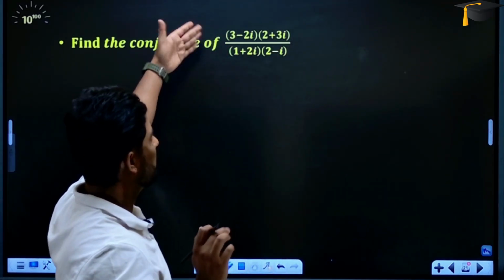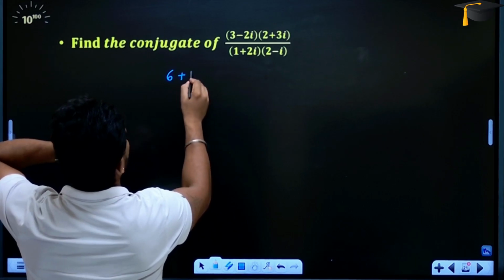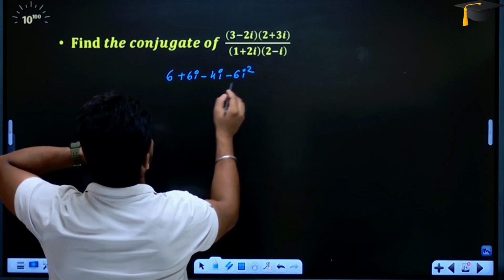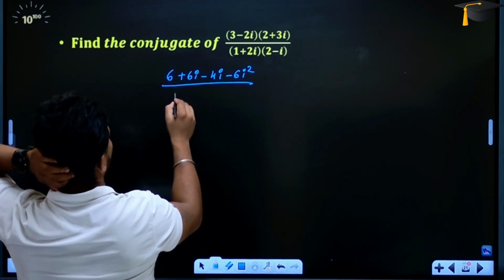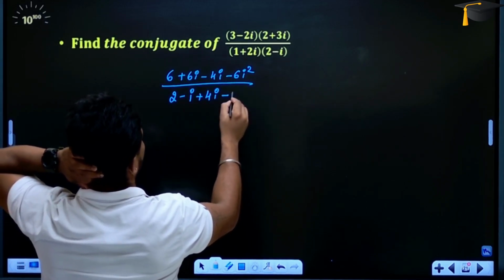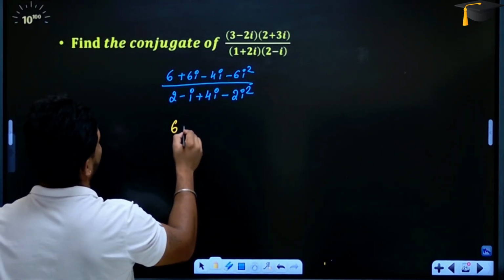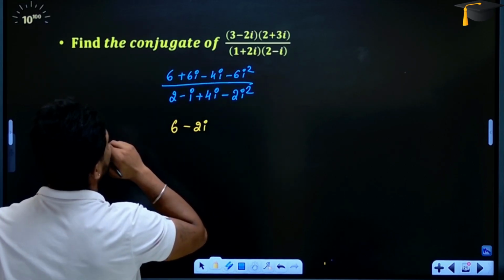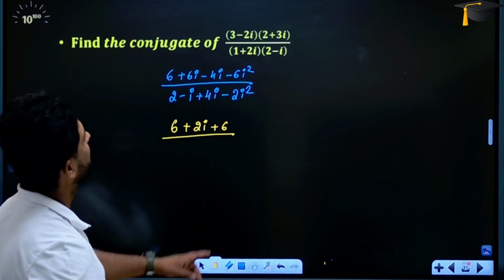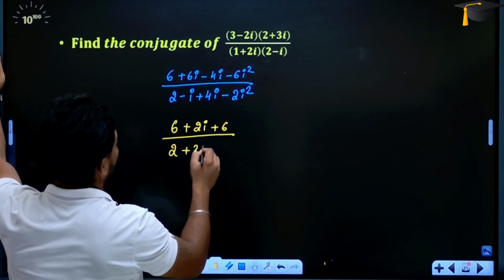Okay, now the form is like this, so multiply. What does the numerator become? 3 2s are 6, plus 6i, minus 4i, minus 6i square. And the denominator is 1 plus 1 2s are 2, minus i plus 4i minus 2i square. Now put i square as minus 1. So 6 plus 6, whole divided by 2 plus 3i plus 2.